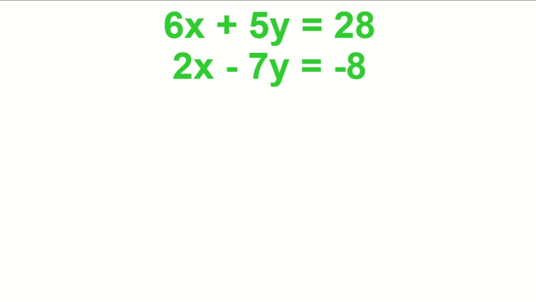When you're looking for the solutions, all you're doing is graphing them on the calculator, and it's showing you where the two equations will cross. Where they cross is your solution.